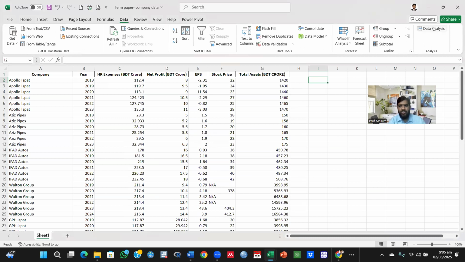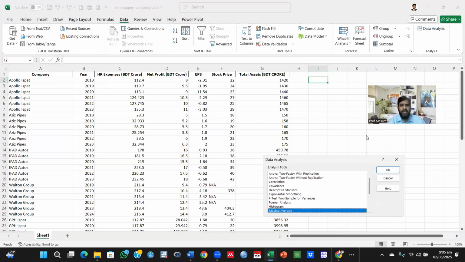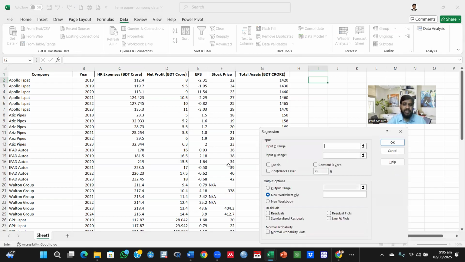So now you are going to analyze the data. Click on data, and here we will use regression. Here is regression. All right. Click on regression, and Y is the dependent variable. Which one is your dependent variable?